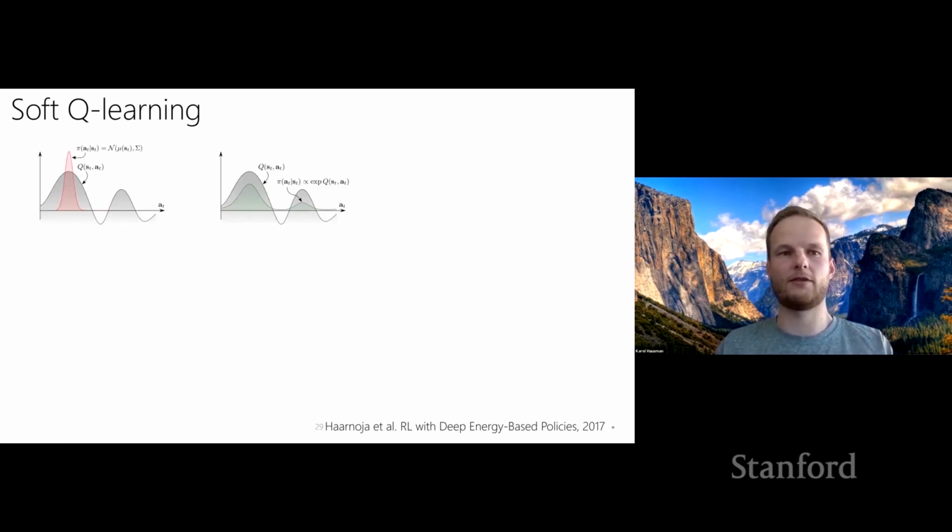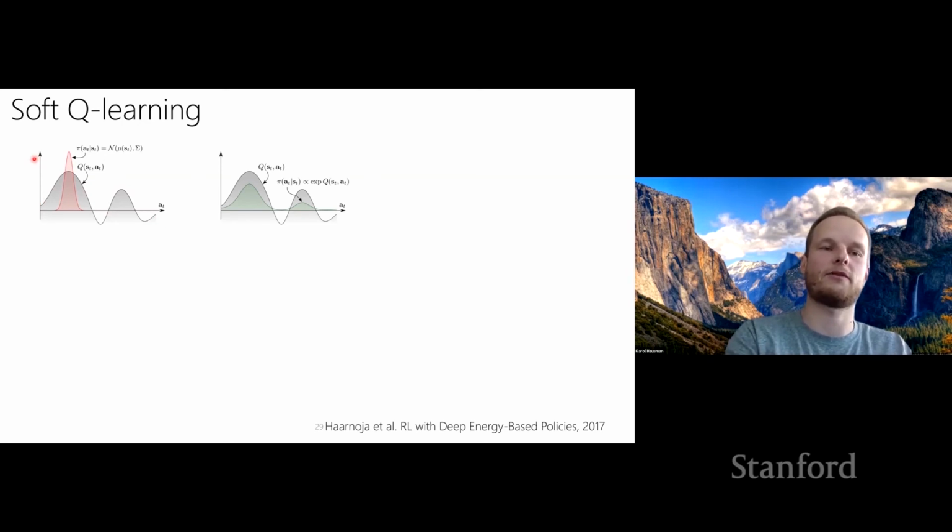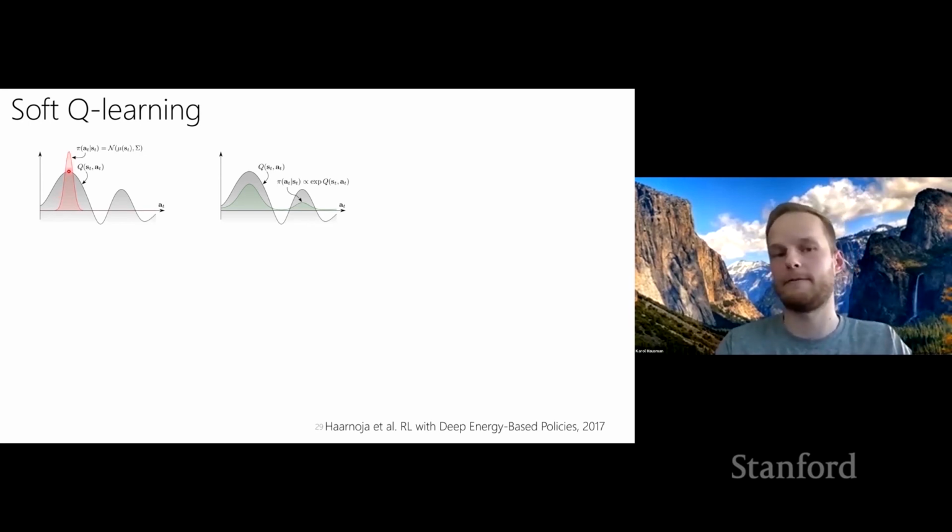And just to, again, give a little bit more intuition, if this is the landscape of our Q function in gray here, so on the y-axis we have the Q value, on the x-axis is the action, and the Q function has some hills and valleys. Usually if we were to apply a standard Q-learning algorithm, our policy will basically focus on the peak of that Q function. That will always try to pick the max here.